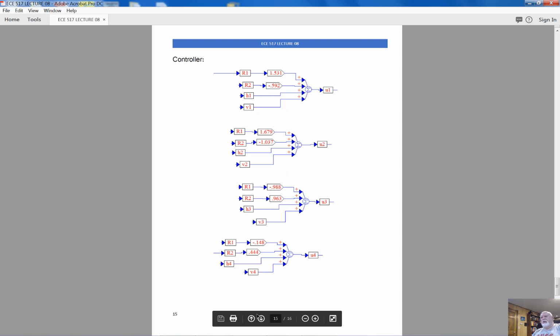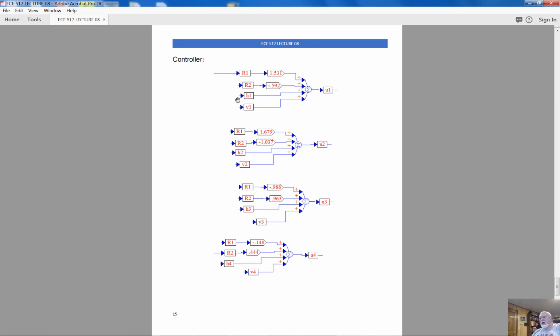Now it is time to introduce the controller. Look at the controller. The controller has 2 input reference signals. Each of these reference signals is multiplied by the appropriate element of the matrix Ku. So these 2 elements constitute the first row of the matrix Ku.